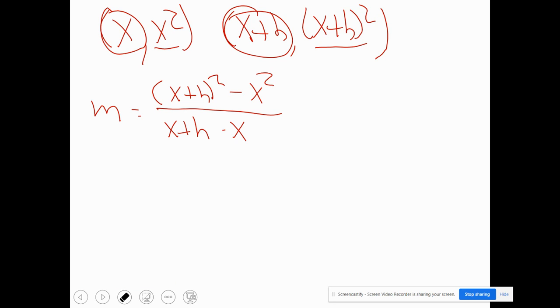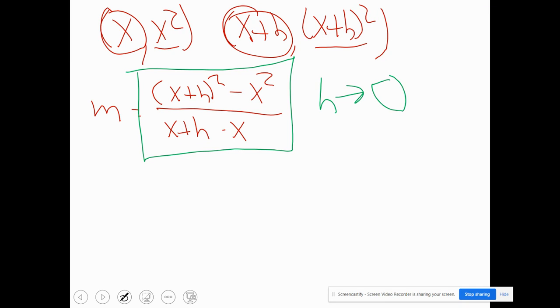Now, what we're really talking about here is a limit. I want to know what this fraction is equal to as h heads to 0. If h is equal to 0, or as h gets closer and closer to 0, what will that function be equal to? All right, so this is a limit.